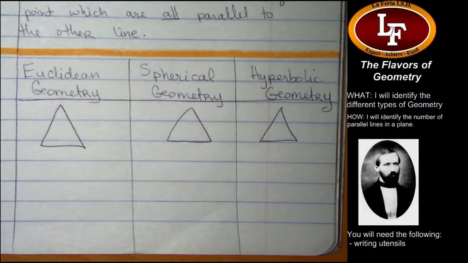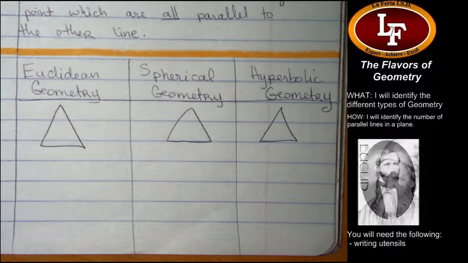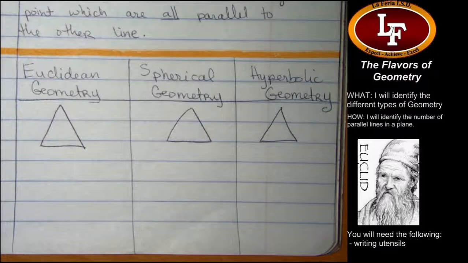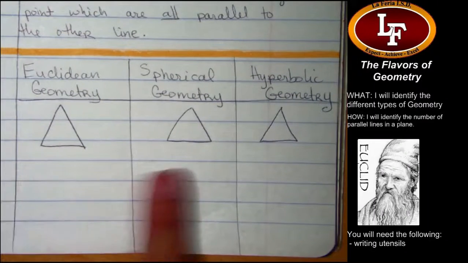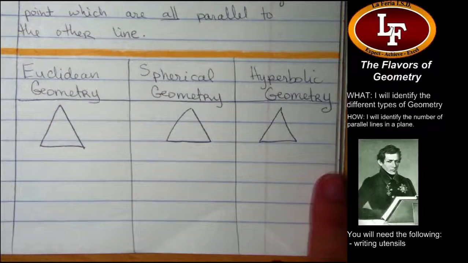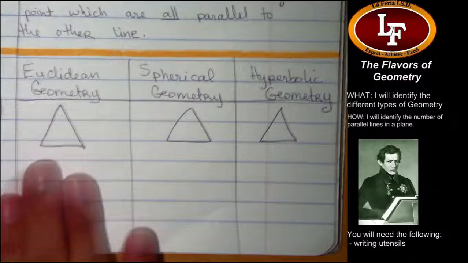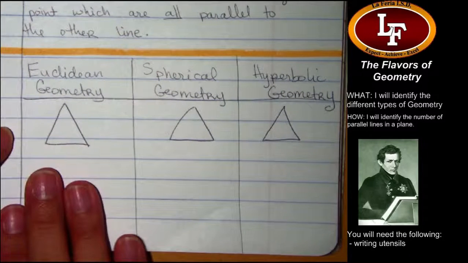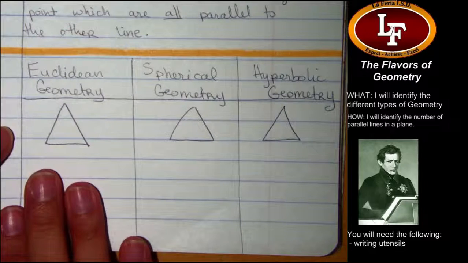When we were doing the experiment Thursday and Friday, where you were drawing on flat paper and spheres and floppy paper, you were drawing on Euclidean planes, spherical planes, and hyperbolic planes. The flat sheets of paper were Euclidean geometry. Can you remember what kind of angle sums you were getting for these triangles?